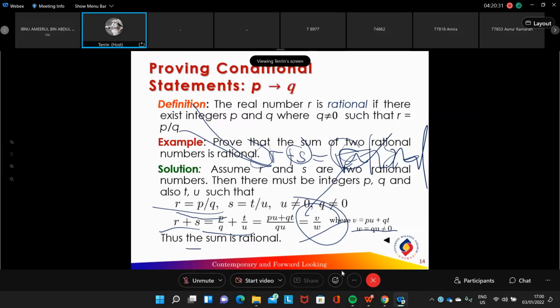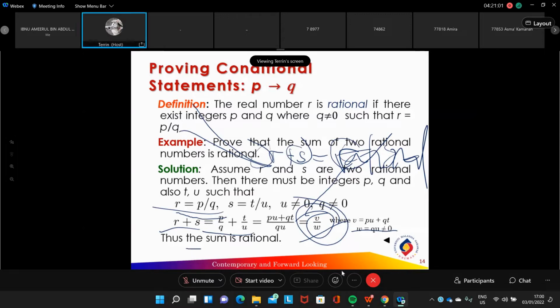So you notice that pv plus qt over qu, these are all integers. So an integer plus another integer divided by another integer is still going to be an integer divided by another integer. So that part you don't have to prove. That's why they say informal proof, you can cut down on the working because it's already assumed. And then, therefore, our conclusion is the sum is also rational, right?